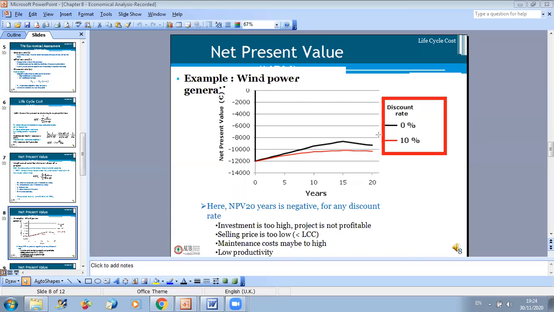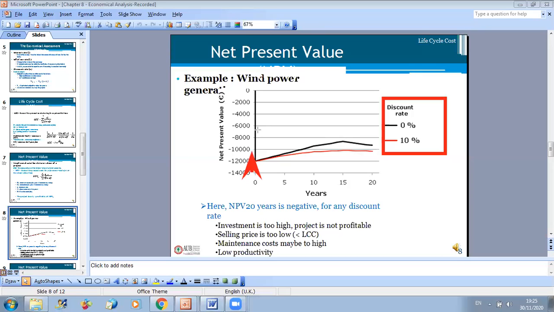As you can see, you have the black curve showing the net present value with time. And it's clear that, of course, first the net present value is increasing with time, because you are gaining money from your project. But for the project that you are studying, if you look at your values, they are always negative.